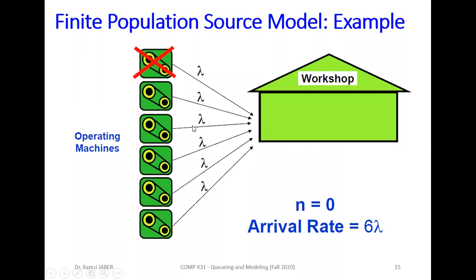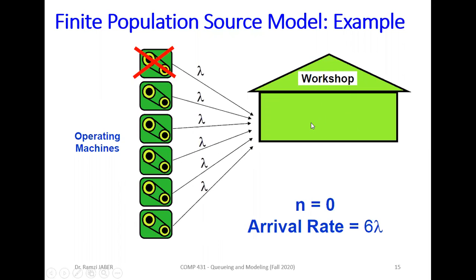So we have 6 operating machines, each with arrival rate lambda. Our system is inside this workshop, not outside. These 6 machines are our customers, and they will enter the workshop for maintenance. So our workshop is our system model.